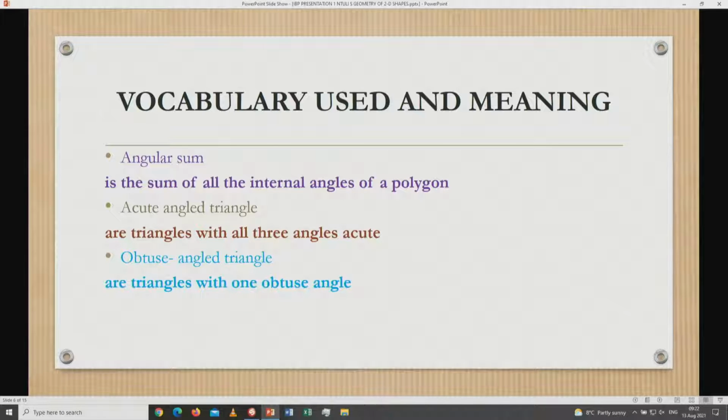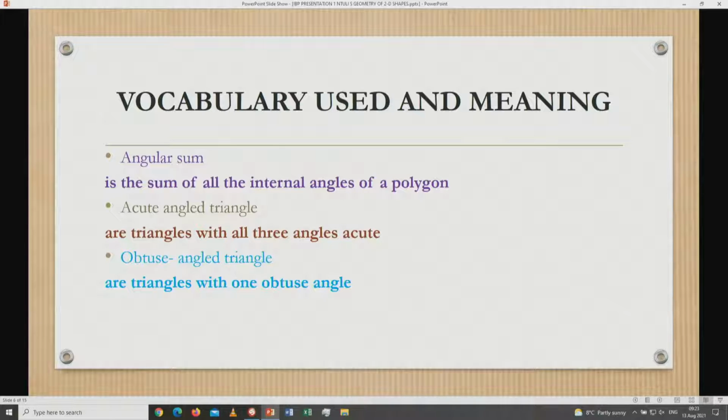An obtuse angled triangle are triangles with one obtuse angle. Now, guys, remember that we said an obtuse angle are all angles that are above 90 degrees. In other words, from 91 up to 179. It may not exceed 179.